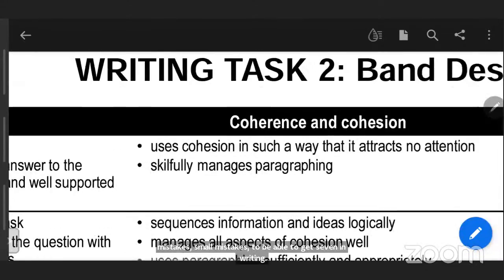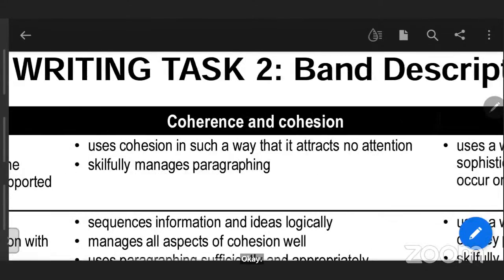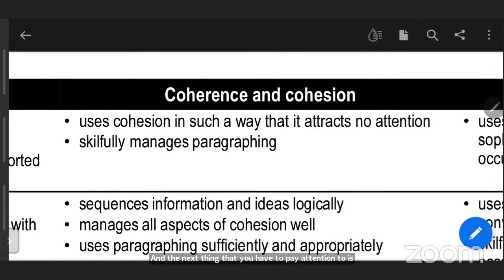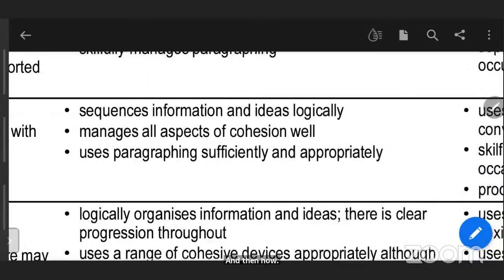Okay? And the next thing that you have to pay attention to is coherence and cohesion. What does it mean? It means how easy your sentences are to understand, how connected your first sentence and your next sentence are, and how connected each paragraph is.